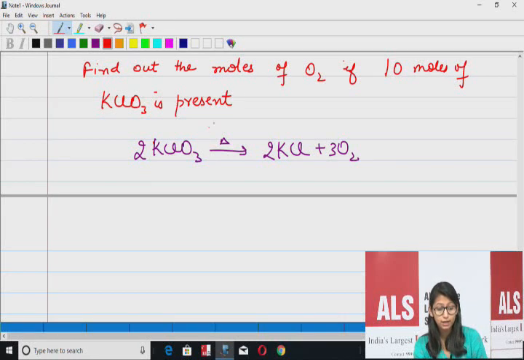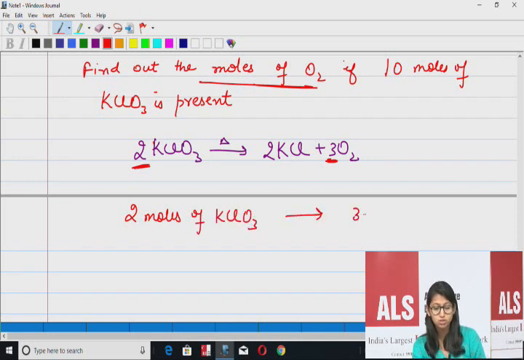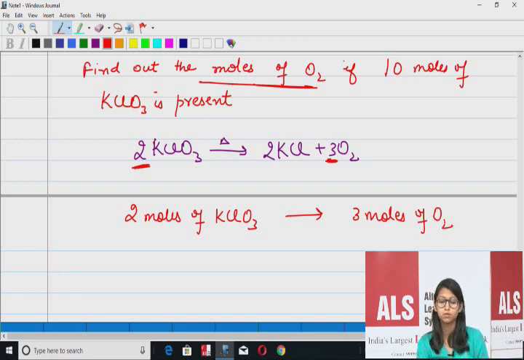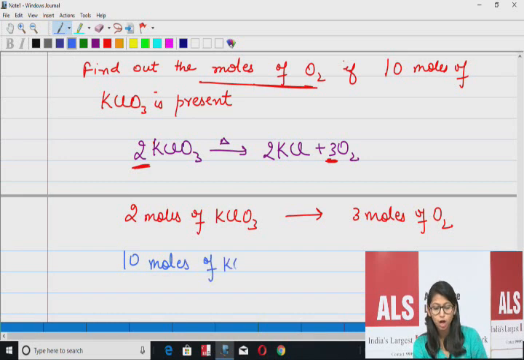Now I need to find out the moles of O2, right? So from this stoichiometry, what I am able to see is that 2 moles of KClO3 is giving me 3 moles of O2, right? So 10 moles of KClO3 will give you how many moles?